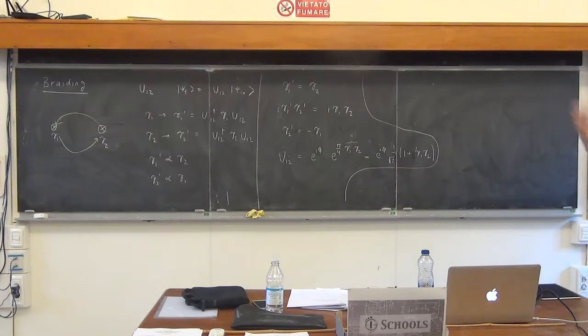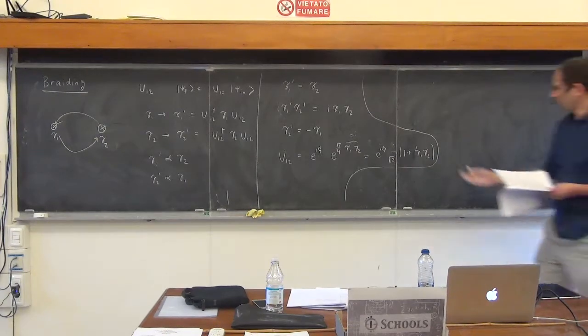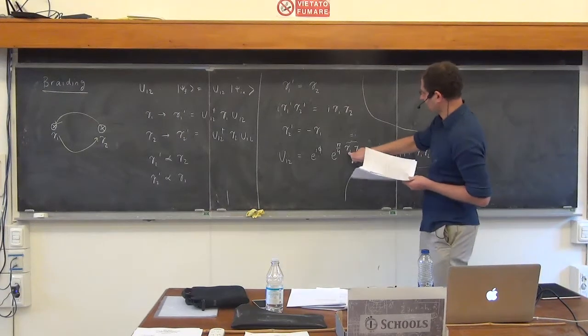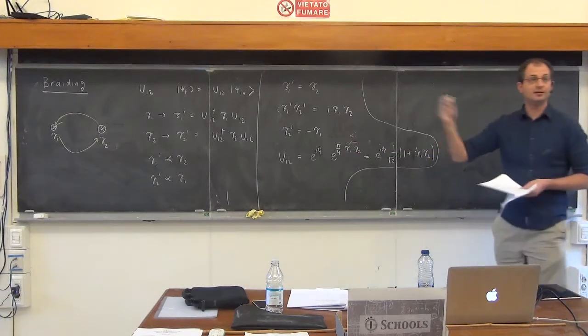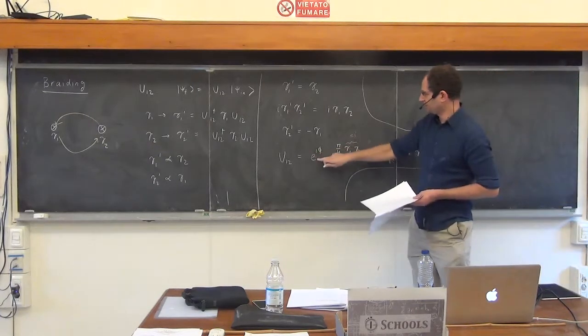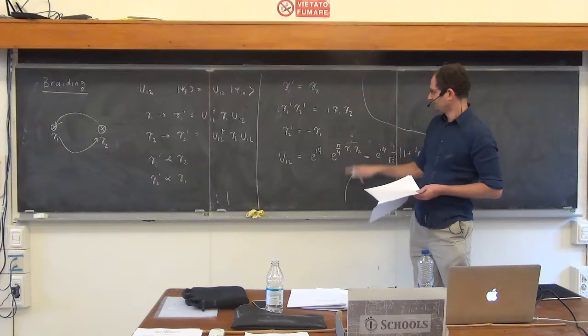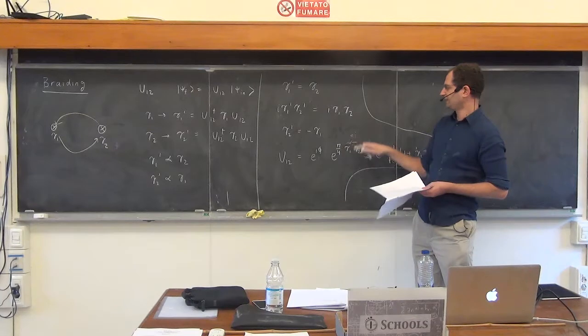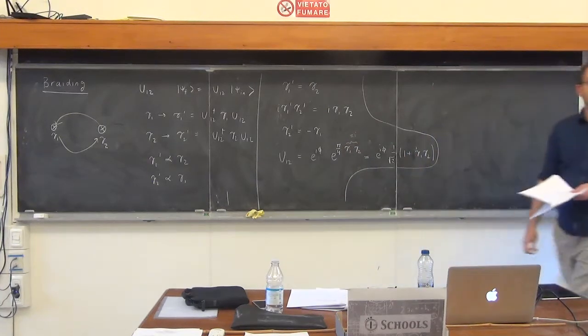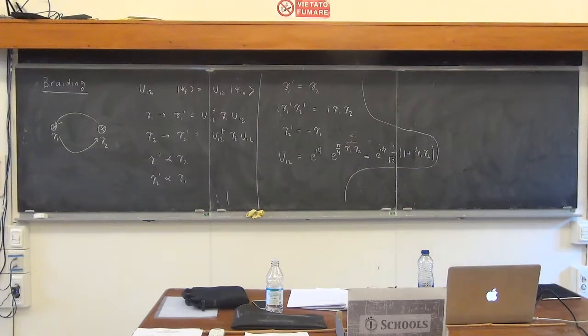They feel each other. What's protected is only the relative phase between the two states. I have the two states 0 and 1. One of them under this exchange gets a phase of e to the i phi plus pi over 4. The other one gets e to the i phi minus pi over 4. That part is protected. That part doesn't depend on all sorts of details, but the overall phase would, even if they're very far apart.